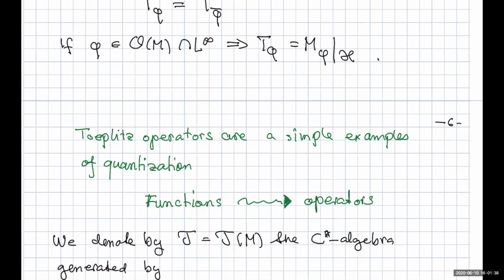The original philosophy to quantize was you have a function that represents a classical physical system, and then you quantize it to become an operator.